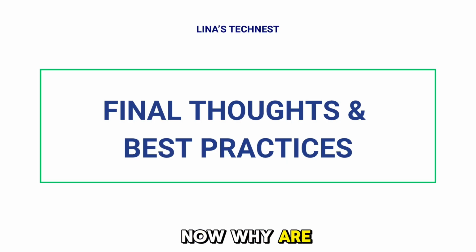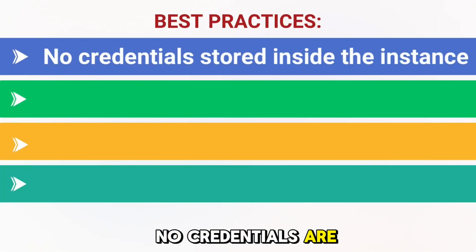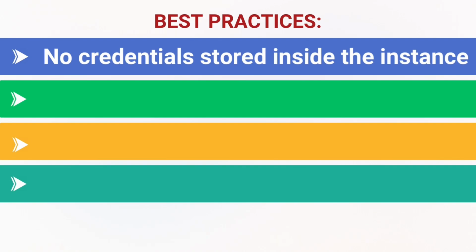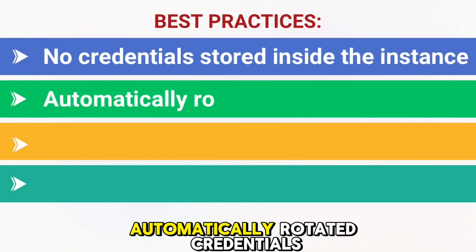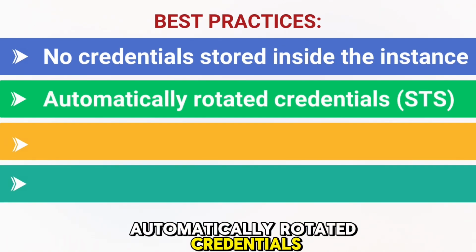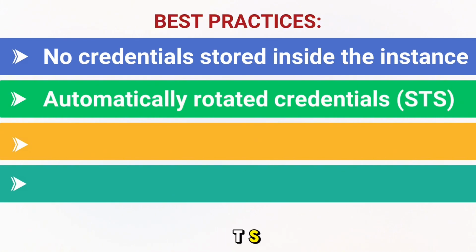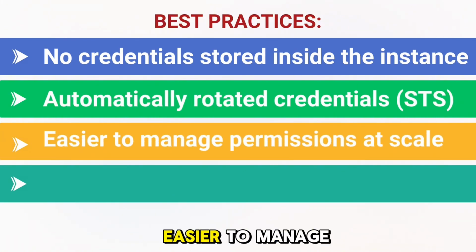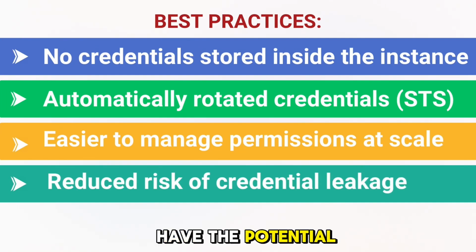Now, why are IAM roles better than access keys? No credentials are stored inside the instance, which makes it more secure. Credentials are automatically rotated, that's the STS, and it's also easier to manage permissions at scale. It also reduces the risk of credential leakage.